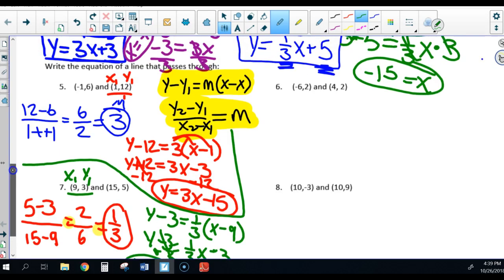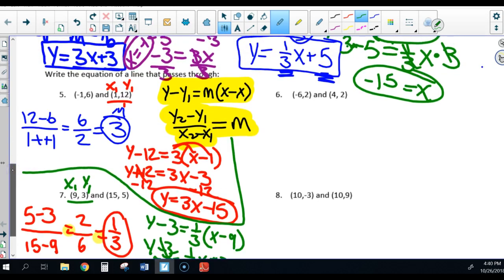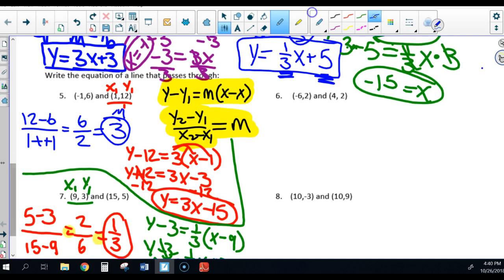Now 6 and 8 are a little bit special. If I look at 6, find the slope like normal using the slope formula. 2 minus 2 over 4 minus negative 6, plus change. I get 0 over 10.